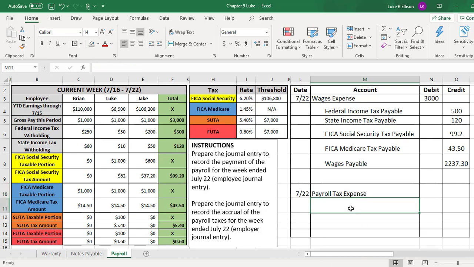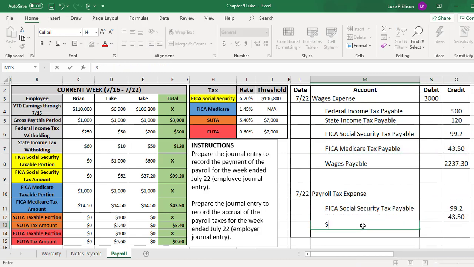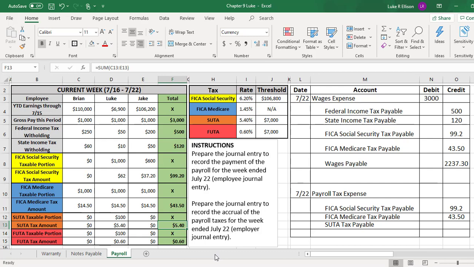So next we're going to go to the FICA, Social Security, and Medicare, which are actually always going to be the same thing you used in the previous journal entry. So I'm just going to copy those down. Next we have the state unemployment taxes, so SUTA tax payable. And that's going to be for $5.40.